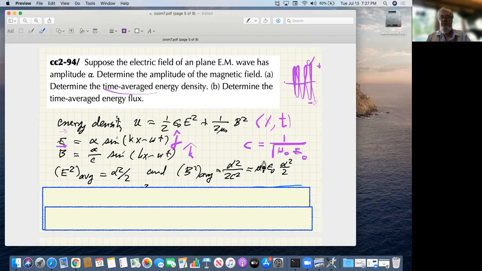So 1 over c squared is mu 0 epsilon 0, alpha squared over 2. Now if you multiply this by 1/2 epsilon 0, you get 1/4 epsilon 0 alpha squared. And if you multiply this by 1 over 2 mu 0, you get 1/4 epsilon 0 alpha squared. So in fact, these will both be equal.